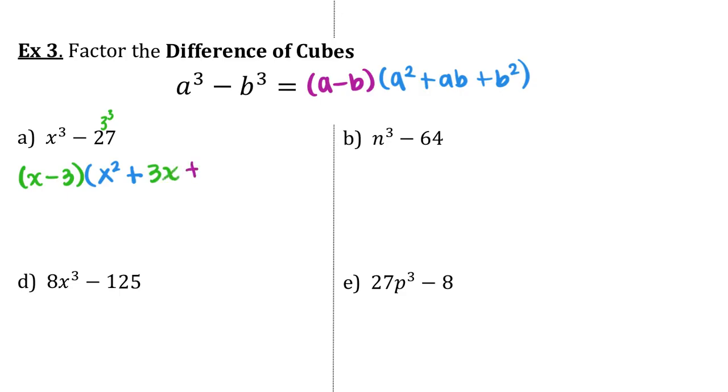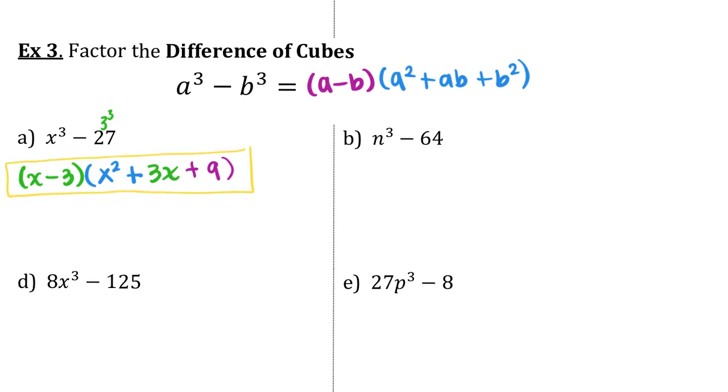Plus last thing squared, so 3 squared, 9. Or work it backwards and go, this times this equals negative 27. And it actually has the right sign too, so it should work. Okay, that's the pattern.